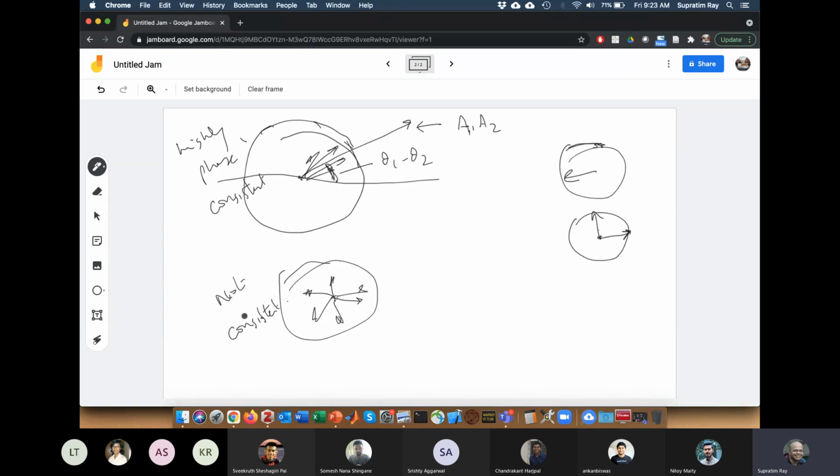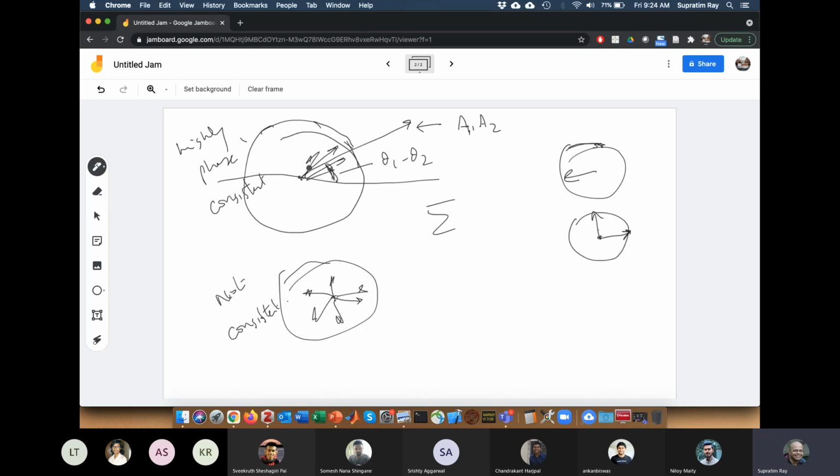Very simple. So how do I now get a number that tells me how consistent it is? And this is where what Swikrut had mentioned, good. I could just take the sum of all these vectors. Why so?